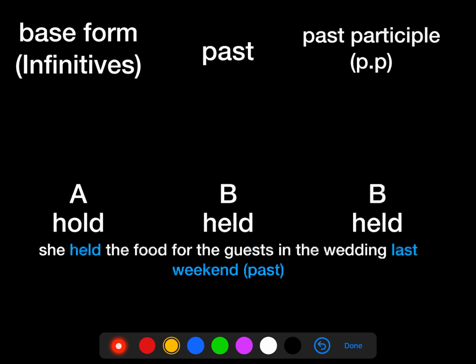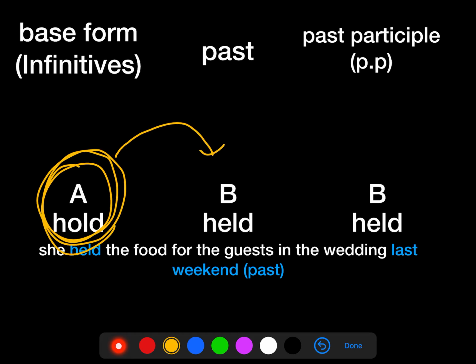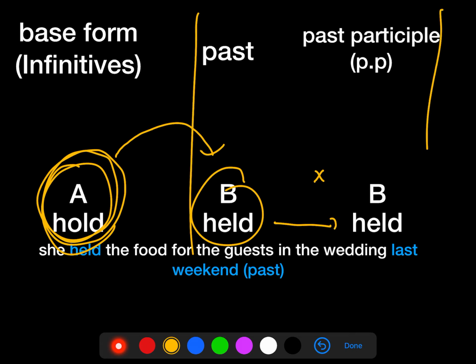Okay, ABB group. So hold. When it comes to past tense, it changes to held. However, it doesn't change in the past and past participle. So hold, held, held. Let's look at the example.